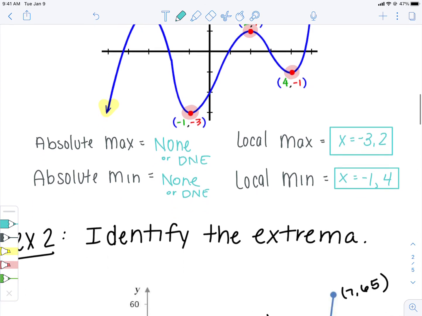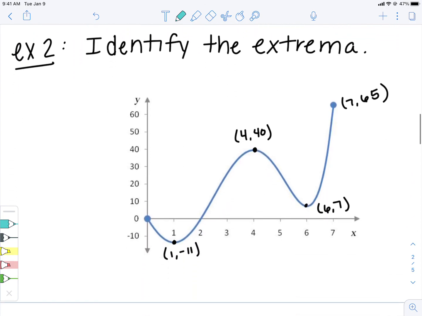What if I gave you a graph like this and said identify the extrema? Now I notice right off the bat this graph has endpoints, it doesn't have arrows. So because it has endpoints, that tells me I have to have a highest point and I have to have a lowest point.